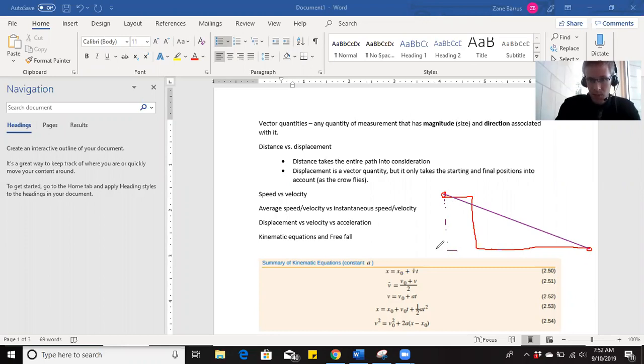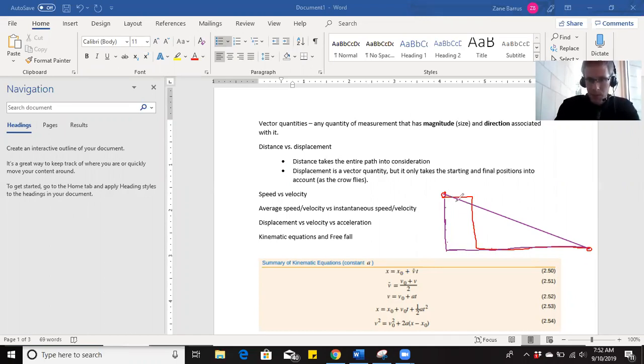You've probably taken geometry before. If you remember the Pythagorean theorem, if I know the 2 legs of a right triangle, a squared plus b squared equals c squared, I can sum the squares of those 2 lengths, square root my answer, and I'm going to get the hypotenuse of that triangle.